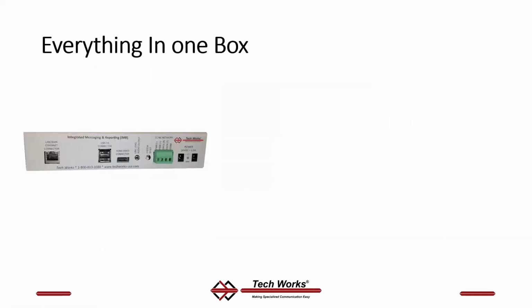The IMR is a very simple box. Everything is inside of this one box, and buried inside of it is a PC. There's actually a full-blown computer inside of there. It has TCP/IP connections, RJ45, 568B connections are what we assume.